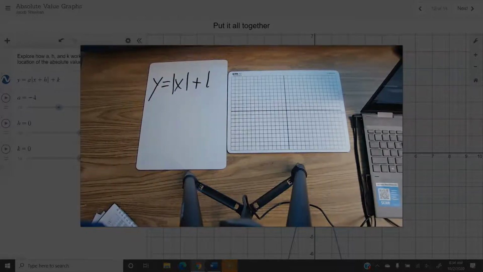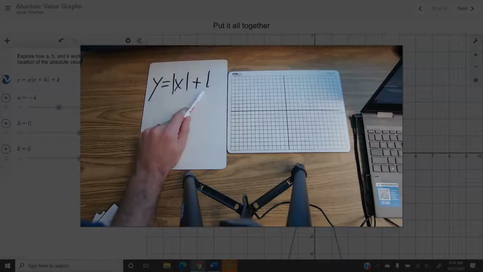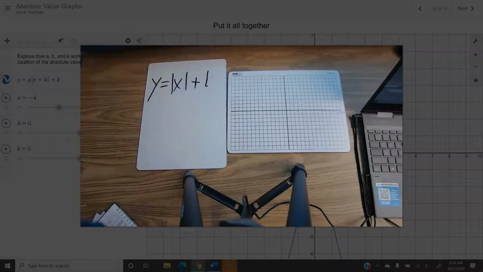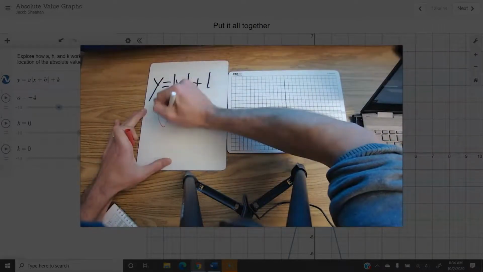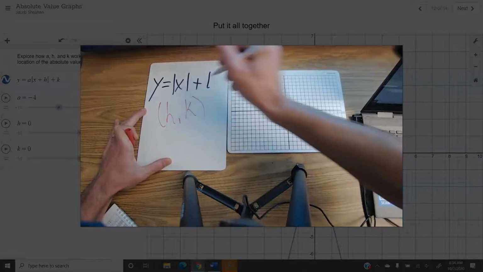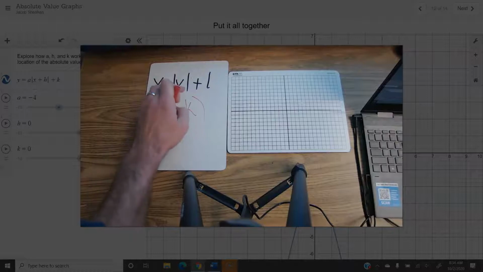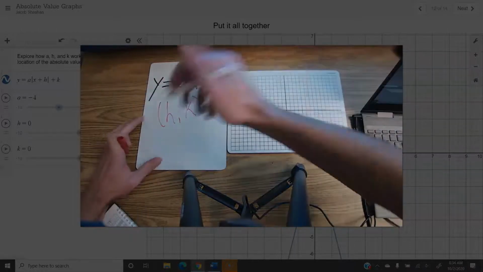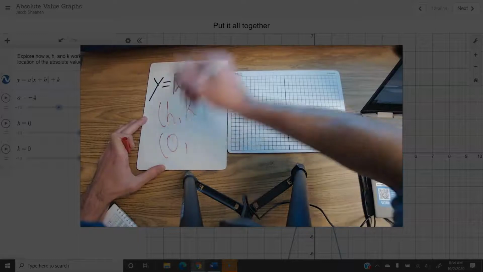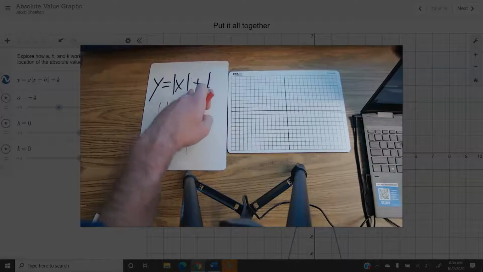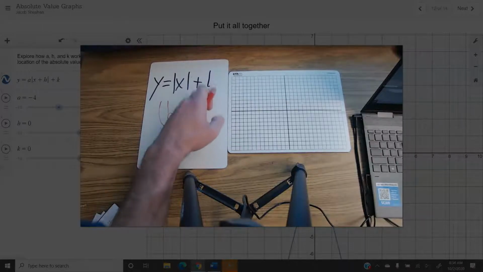What we want to do is look at our k value, and we usually want to look for our h value. If our h value is not there, then it's a 0. If you don't see anything in the bars, it's a 0. K is our number outside the bars, and that one's just a 1. And remember, we're just going to keep this one the same.